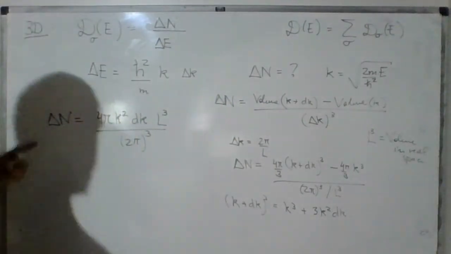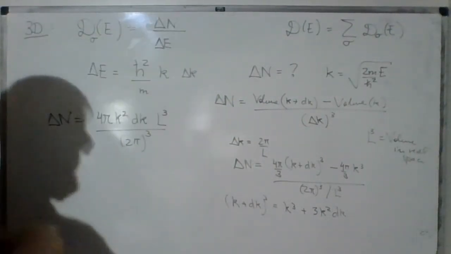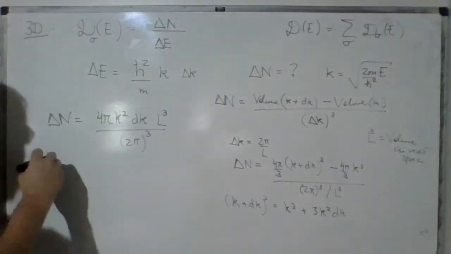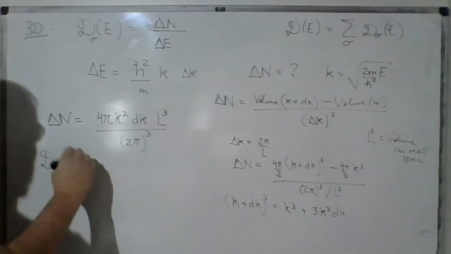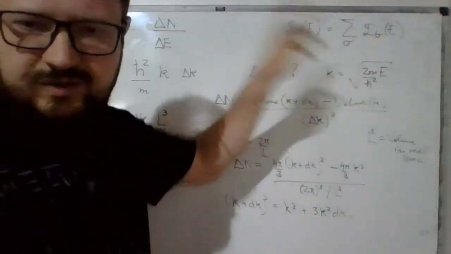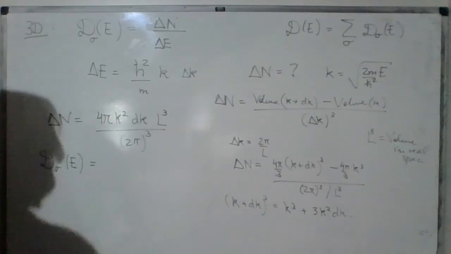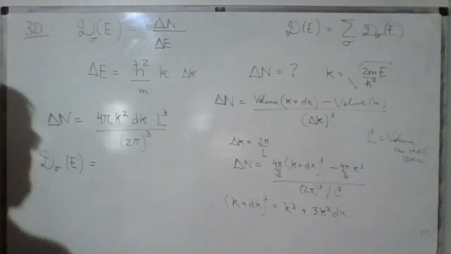All right. And now we can insert it into the equation. And we will have a density of states for a given spin. If you consider degeneracy of spin, you multiply it by 2 for spin one-half particles, or whatever the degeneracy of spin is.